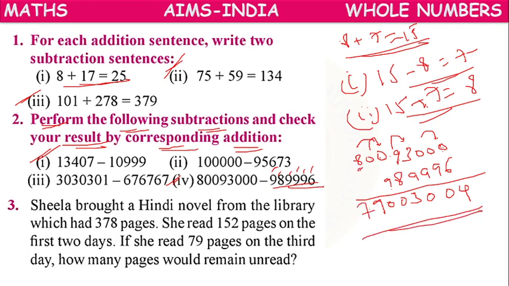So this is the subtraction part. You have to do addition also. Again, if you add this second one and this third one, you have to cross check whether you get this number or not. 6 plus 4, 10. 9 plus 1, 10. 9 plus 1, 10. 9 plus 3, 12 plus 1, 13.